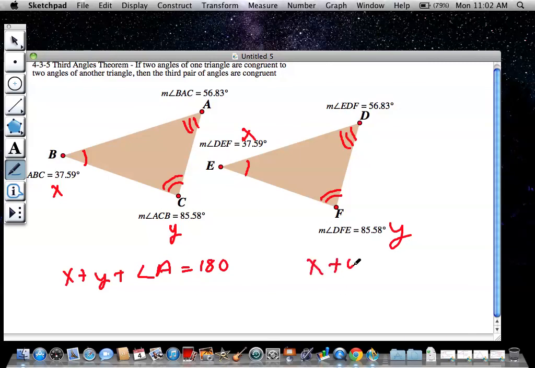X plus Y plus angle D equals 180. So since these two are the same, I must then conclude that the measure of angle A is equal to the measure of angle D. All right, that's chapter 4, section 3.